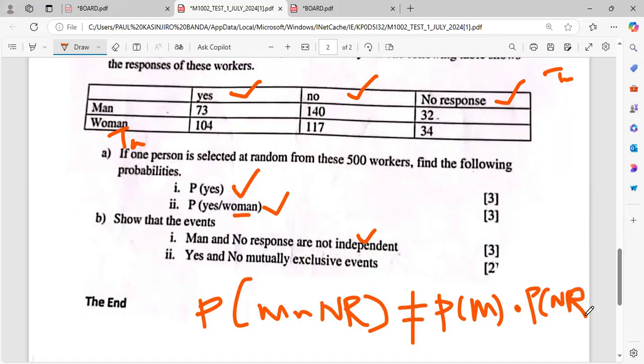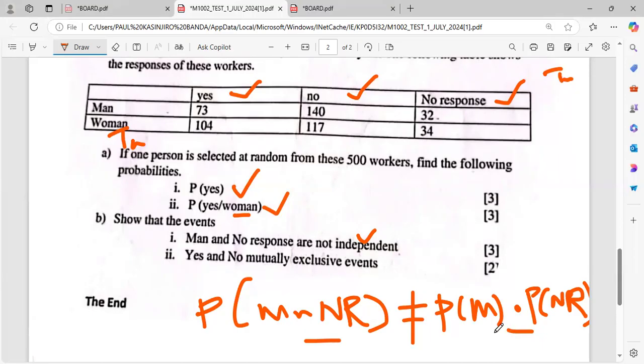If what we have on the left here is equal to what we have on the right, then they will be independent, right? So to show that they are not independent, we just have to show that the probability of this side is not equal to the probability of this side.